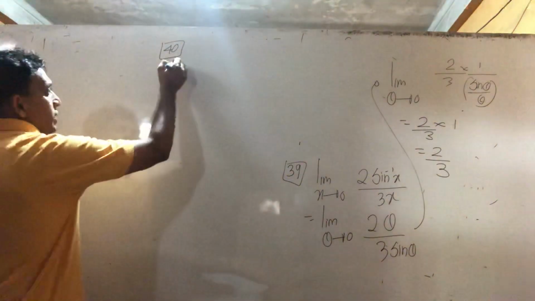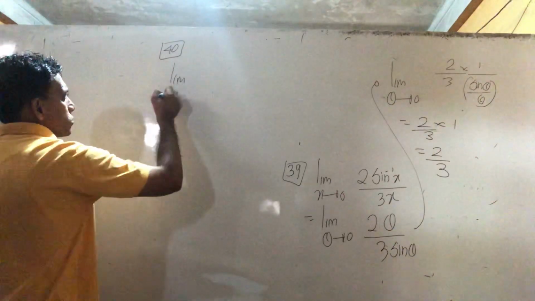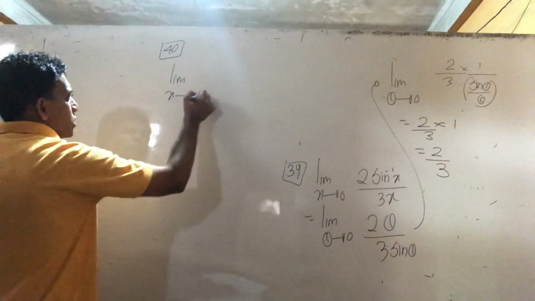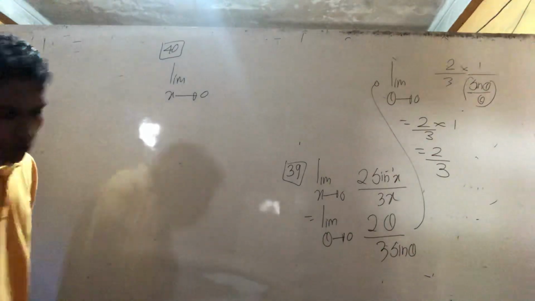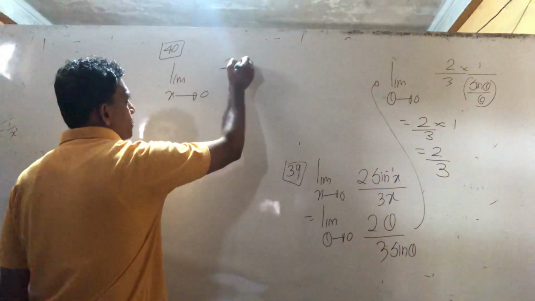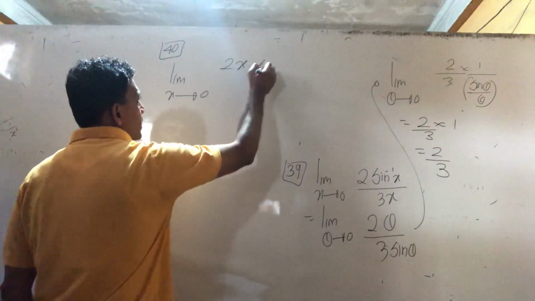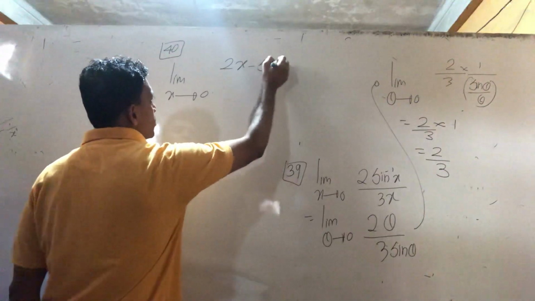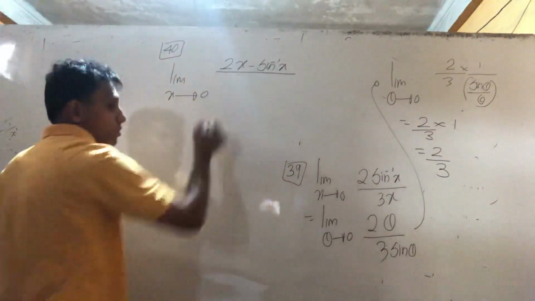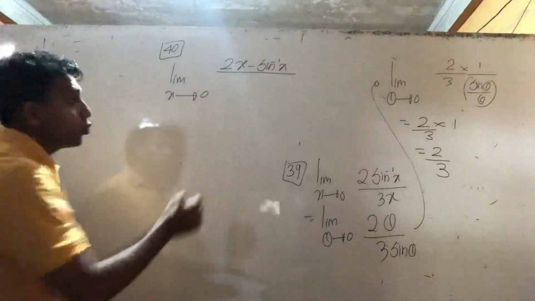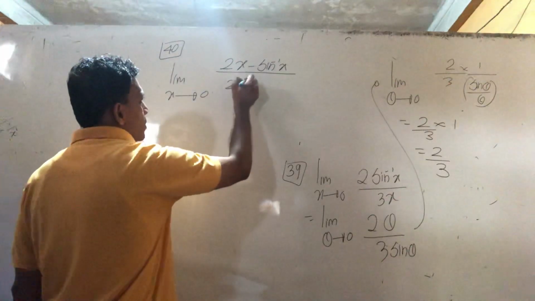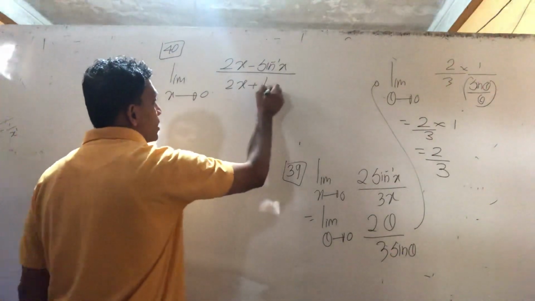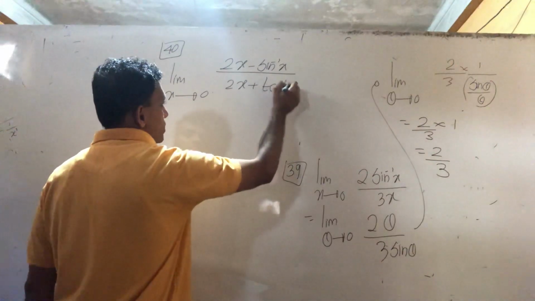Next question 40. Limit x tends to 0 of (2x minus sine inverse x) over (2x plus tan inverse x).